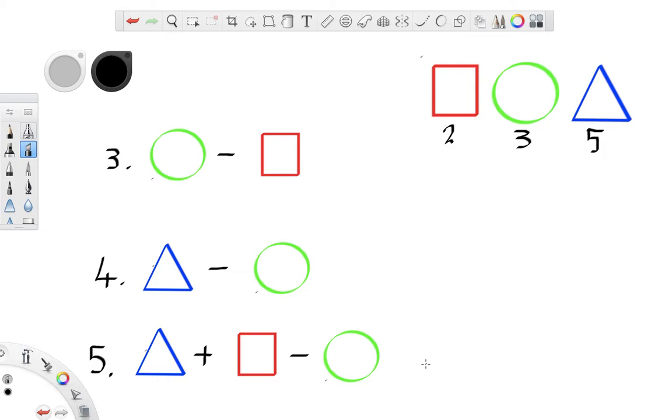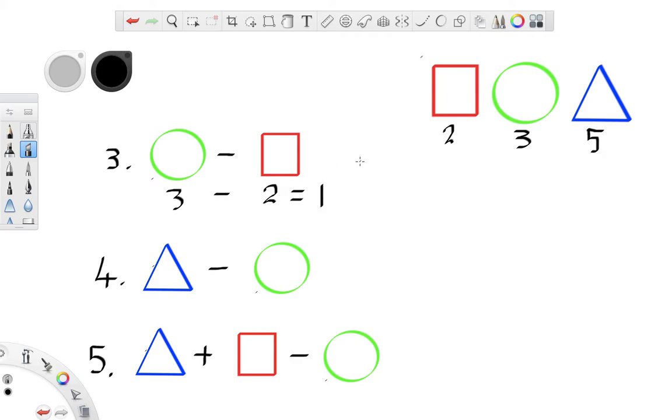Okay, so here we have some more examples for us to work through. So question number 3 is the green circle take away the red square. So the green circle is the number 3, the red square is the number 2, so that's 3 minus 2, which is equal to 1.